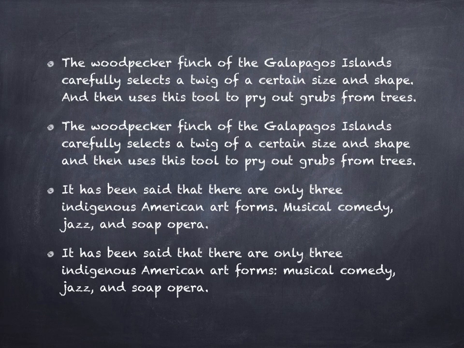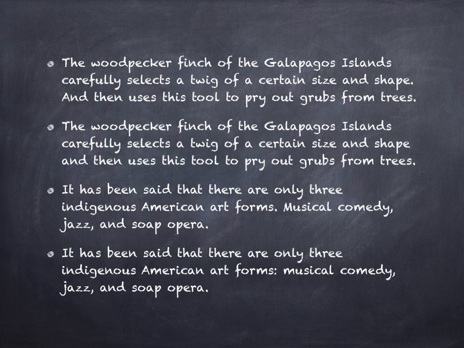Here's another example. It has been said that there are only 3 indigenous American art forms: musical comedy, jazz, and soap opera. Okay, the musical comedy, jazz, and soap opera is not a complete sentence. Therefore, it should not be set up as an independent sentence.